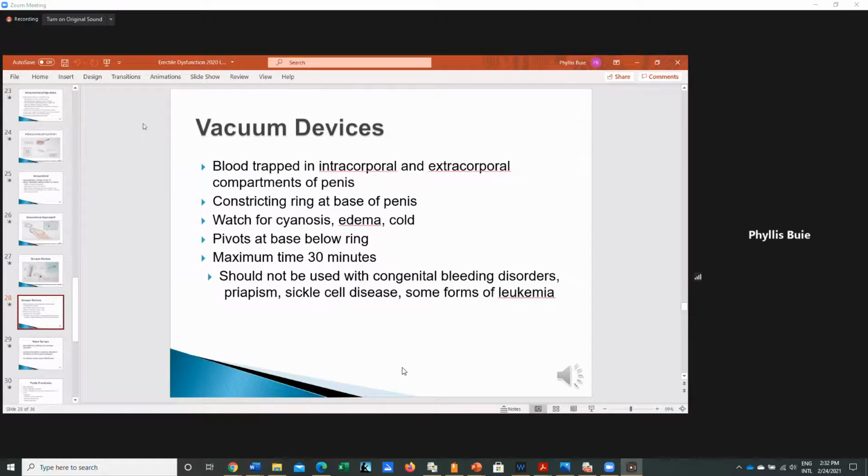So they want to watch for cyanosis, edema, coldness of the extremity, just like you would if you lost the blood supply to your foot or your arm. What are you going to be looking for to assess the circulation? Well, you're going to be looking to see if it blanches, if it's purple or blue, or if it's swollen beyond what it should be.